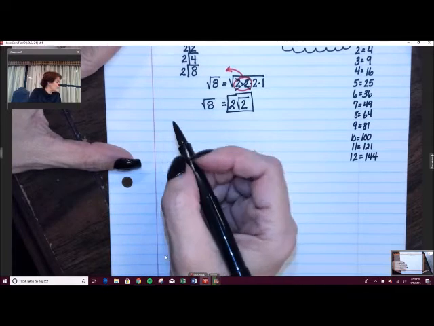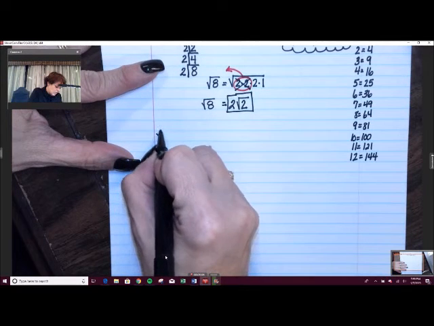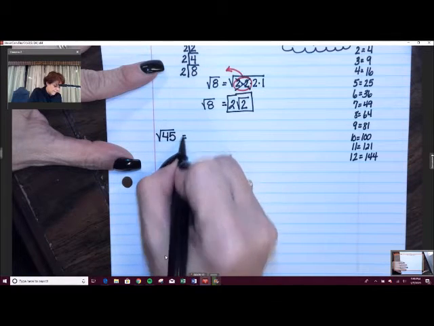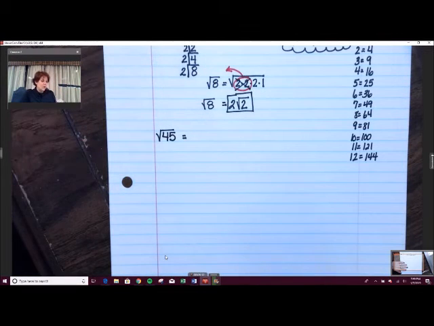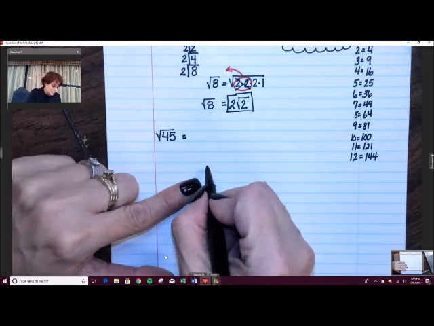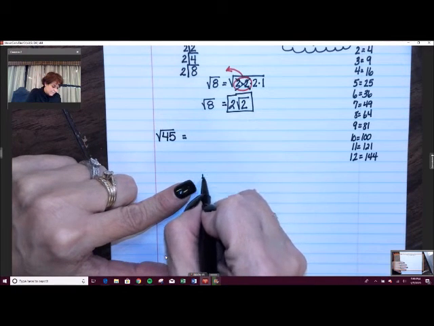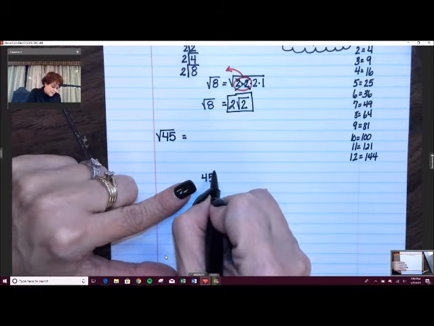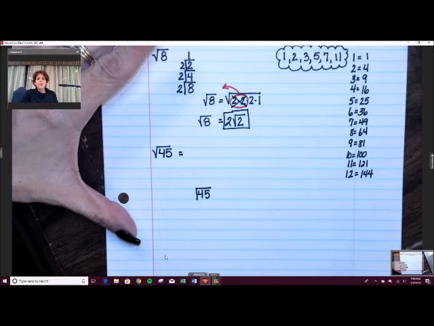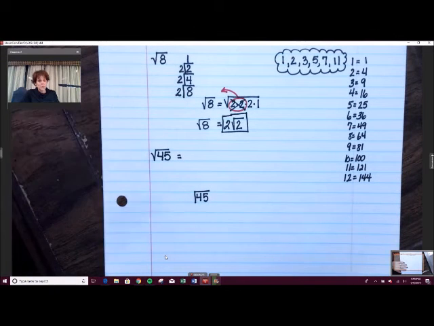Alright, so let's try another one. Let's try the square root of 45. Okay, so I know I could put it in my calculator and get some decimal, but I don't want to do that. So skip down a little bit, come down here, and we are going to do a birthday cake. When you see 45, which prime number jumps out at you like, oh, I'm going to divide by that one? Of course, 5.